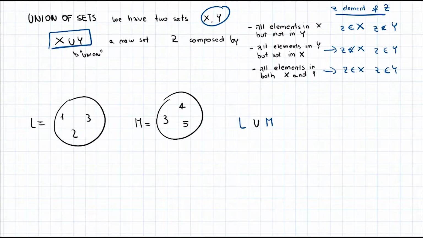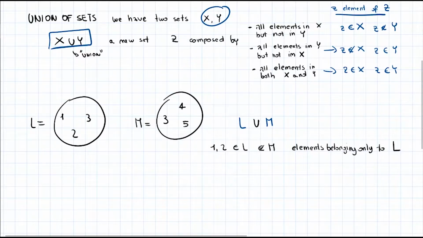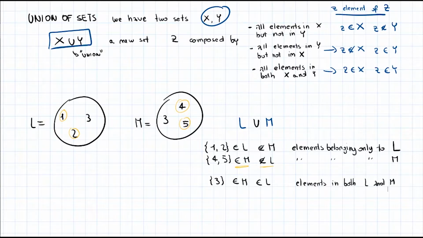Our interest is to find the new set, which is the union of L and M. So we have 1 and 2, which are the elements belonging only to L. So 1 and 2 belong to L, but not to M. 4 and 5 are the elements belonging to M, but not to L. Eventually, 3 is the element belonging to both L and M.